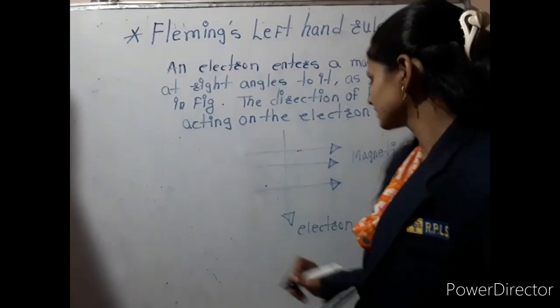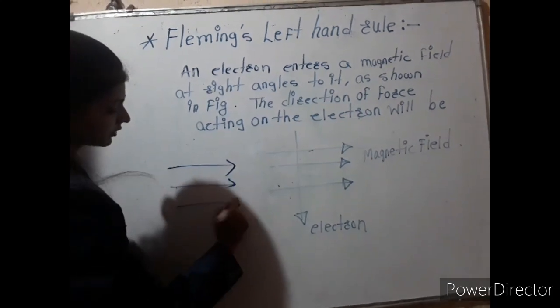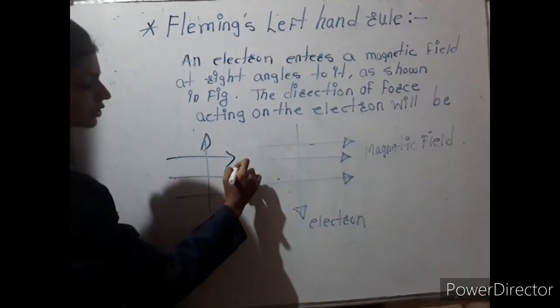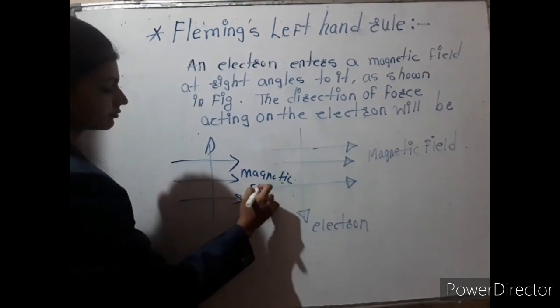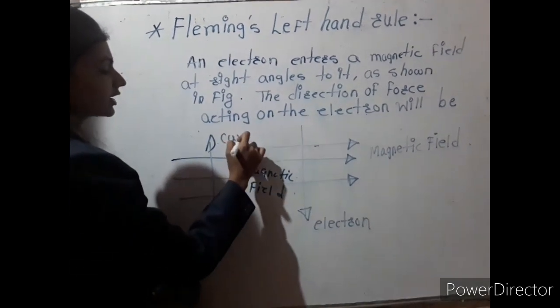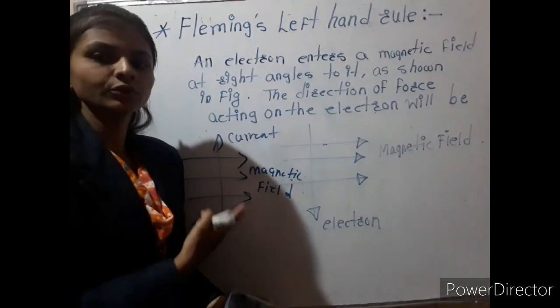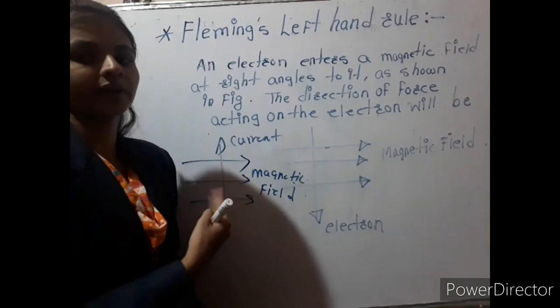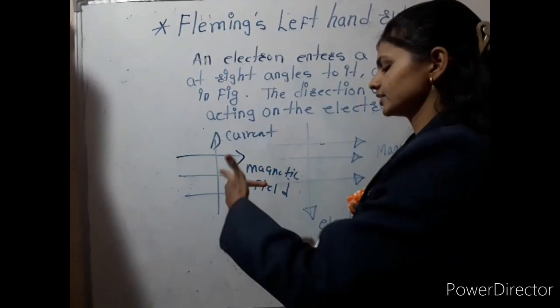Once again we will draw another diagram. In this diagram, this is the direction of magnetic field, and this is the direction of current. Now apply Fleming's left hand rule.